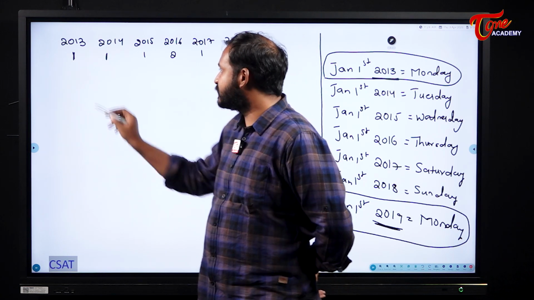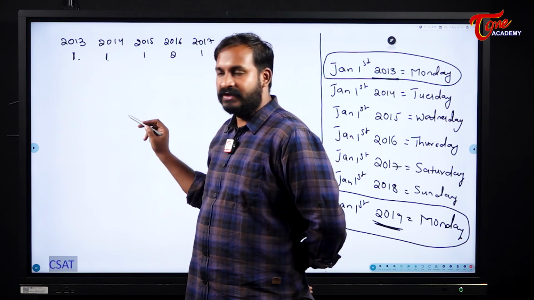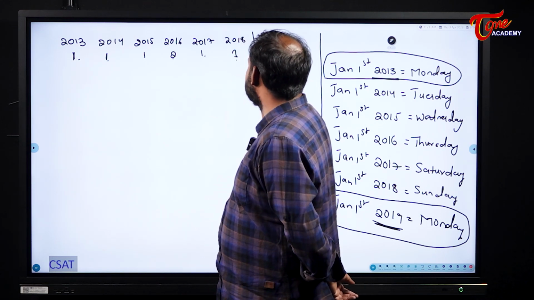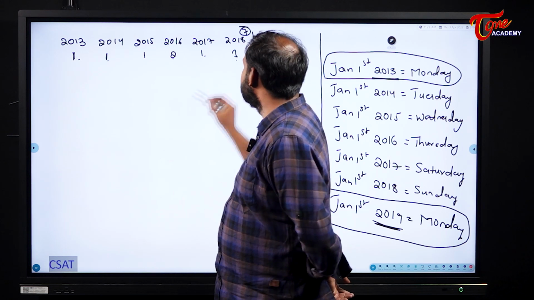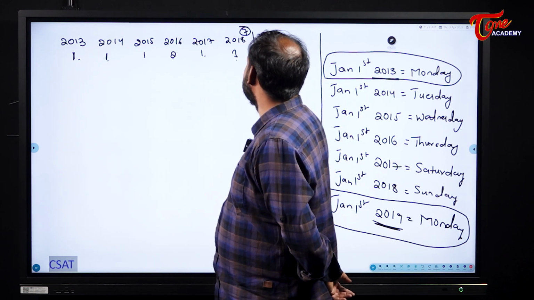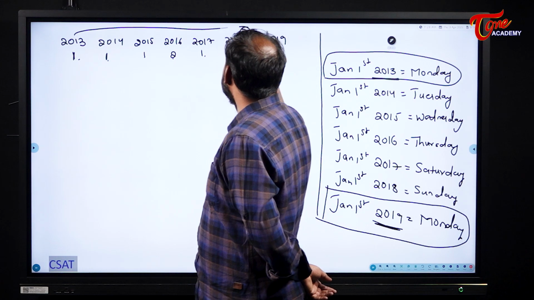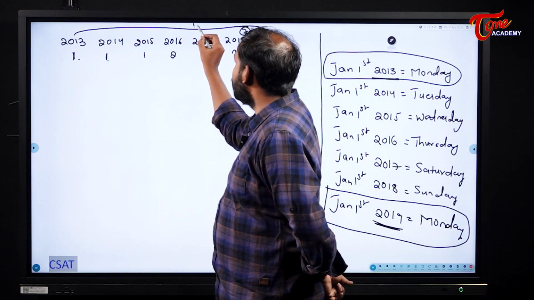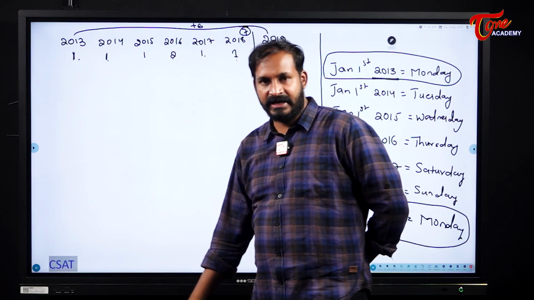Now see here: 1 plus 1 is 2, 2 plus 1 is 3, 3 plus 2 is 5, 5 plus 1 is 6, 6 plus 1 is 7. So we got a multiple of 7 up to here, and I can use it once again in the year 2019. That means the 2013 calendar can be used again after 6 years.